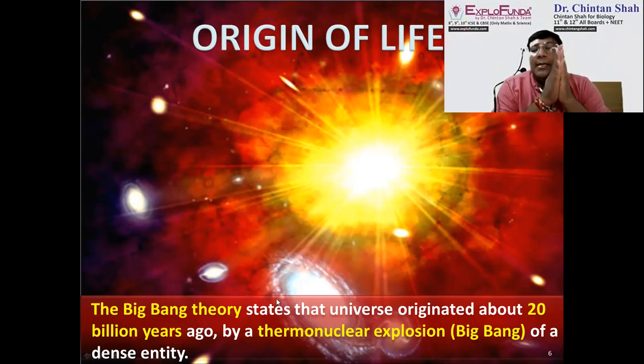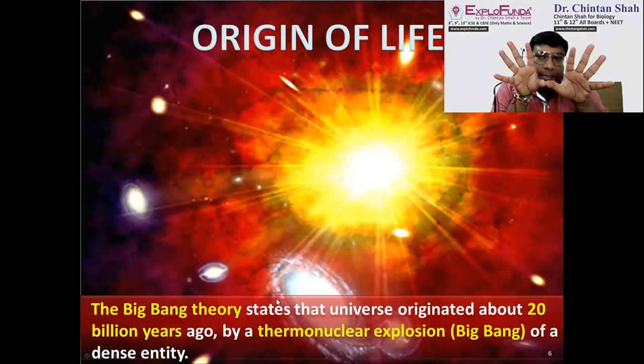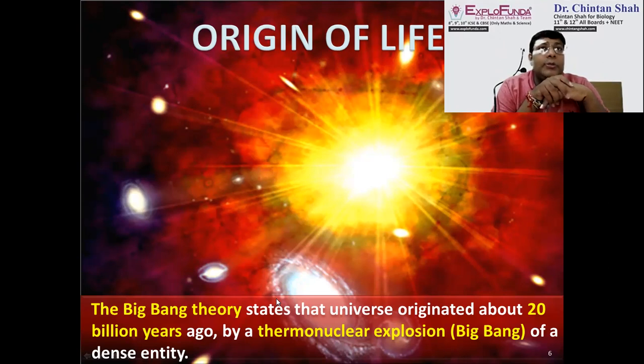The sun is the main source of energy. From the sun, the pieces of the sun are there because of the Big Bang theory, and such small pieces are making the planets, and our planet Earth is also one such planet.